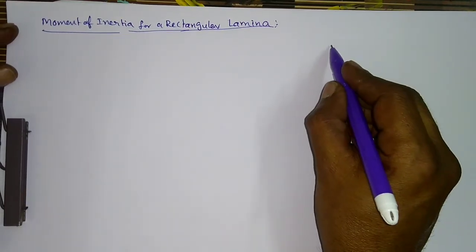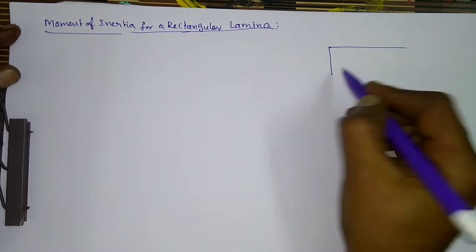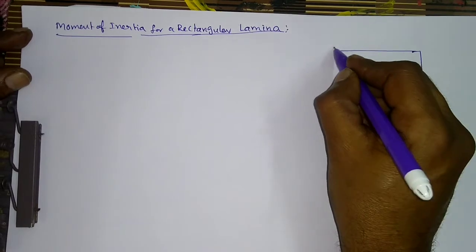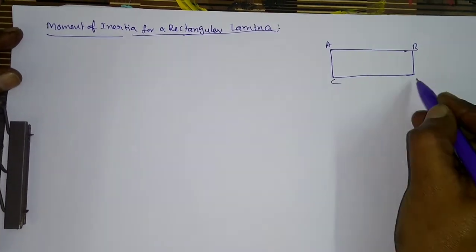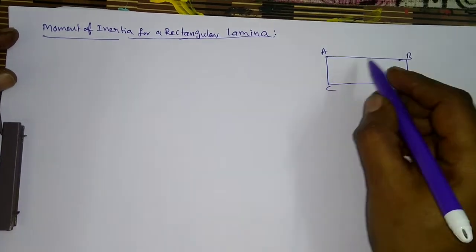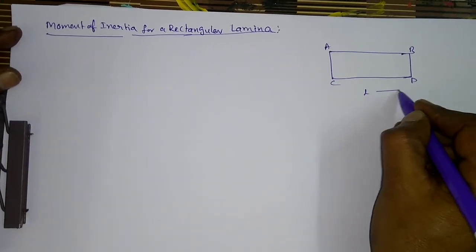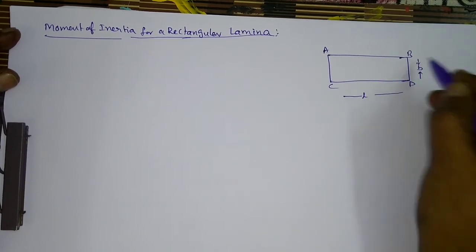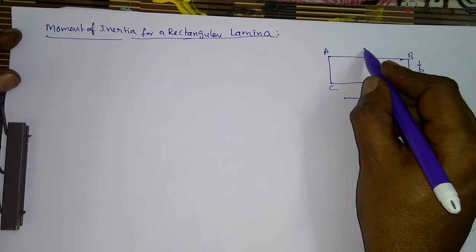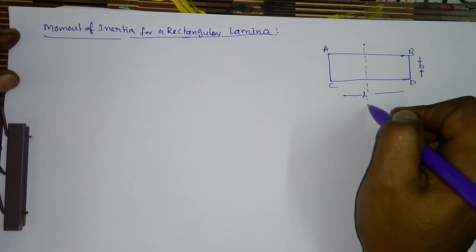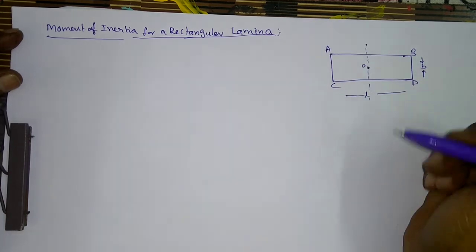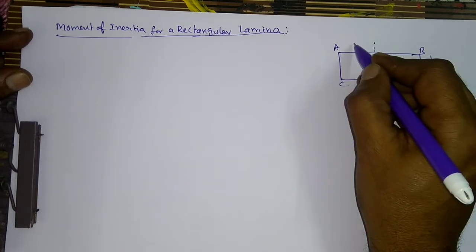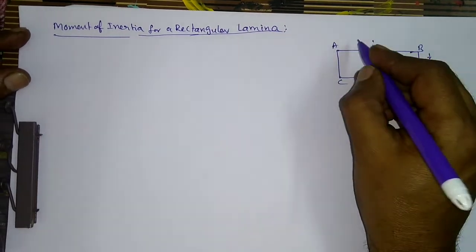Here I am considering, as usual, a rectangular shaped rigid body named ABCD. Let the length of the lamina be L, and breadth B. This is the central axis at the center point O. Length is divided into two parts at the midpoint of the rectangular lamina.